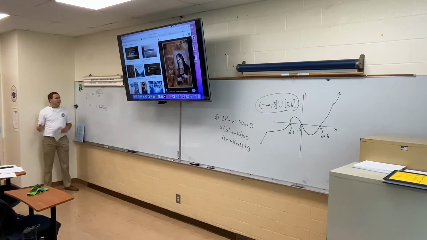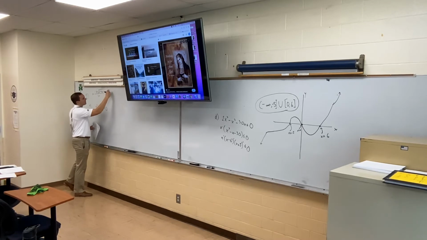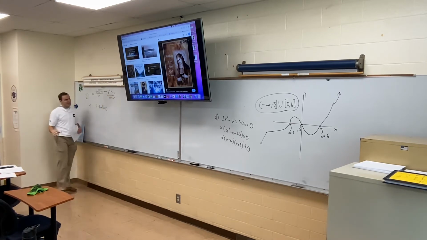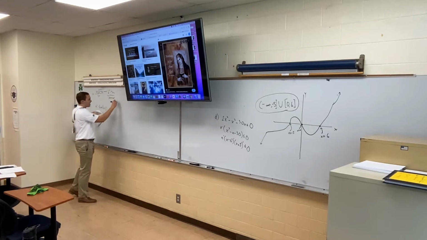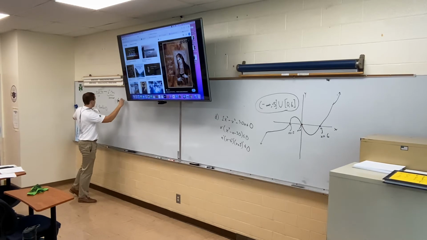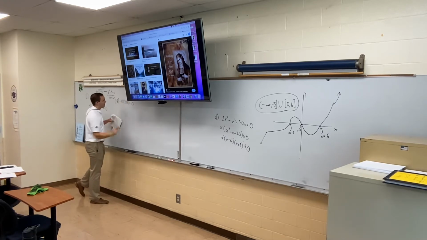This part right here, b squared minus 4ac, is called the discriminant. You don't need to know that word, but I'm going to refer to it as the discriminant. So if we calculate b squared minus 4ac, we get -8 squared minus 4 times 1 times 16. What is that? 64 minus 64? So it's 0.